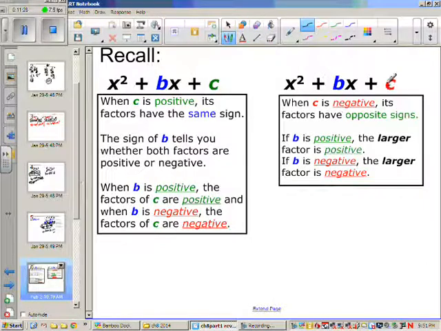When c is negative, it comes from multiplying a positive times a negative. The bigger value is going to have the value for b, whether it's positive or negative. So if of the two factors that multiply to c, the bigger number is positive, when you add together, b would be positive. If you multiply a positive and negative and the bigger number is negative, then when you add them together, the bigger number would be negative, and this b would be negative, or you'd have an x squared minus bx, and then the minus c.